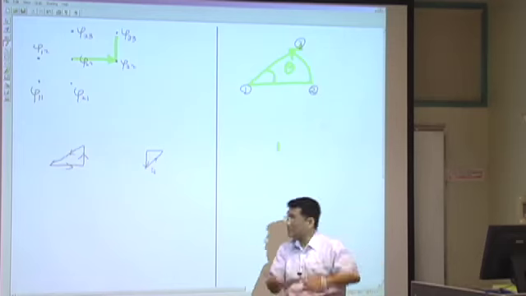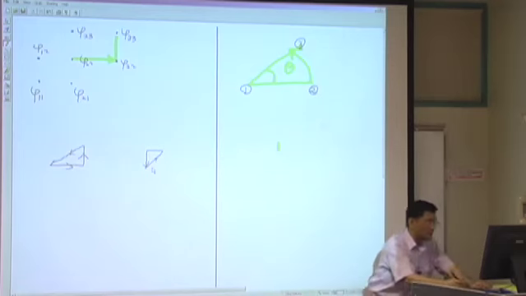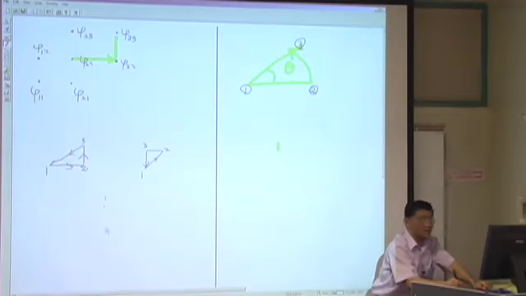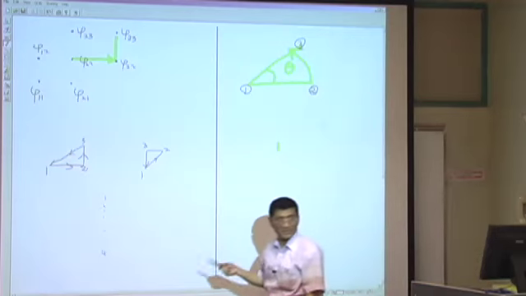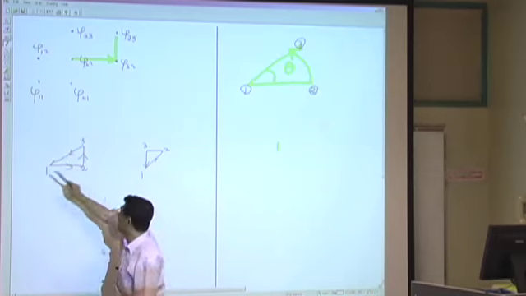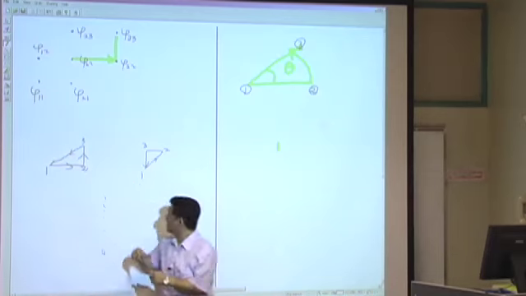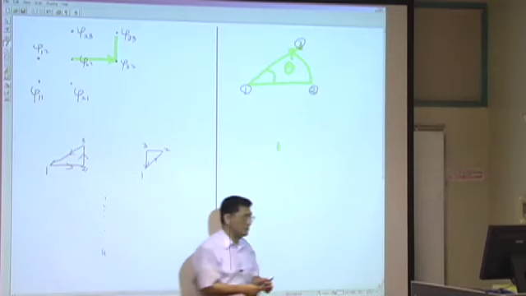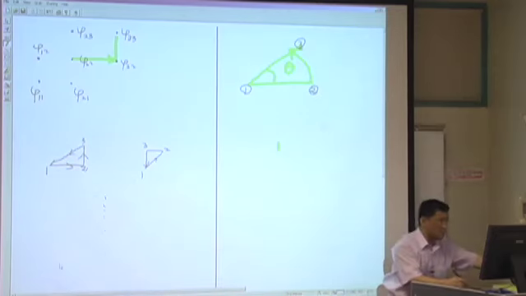So I will write the numbers: first node, second one, third one. First one, second one, third one. So we are considering 6 of these. Do you follow me? We are considering 6 of these. So we consider the first triangle, 1, 2, 3, and then 1, 2, 3, and then 1, 2, 3. You may sketch these on your own if you want.